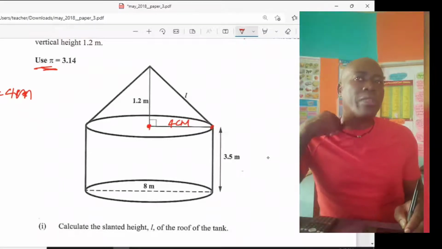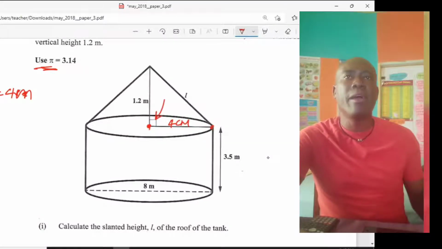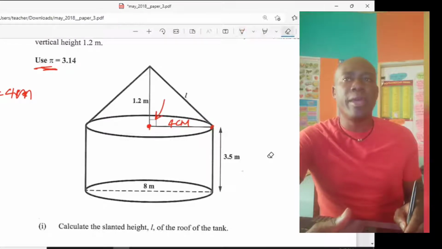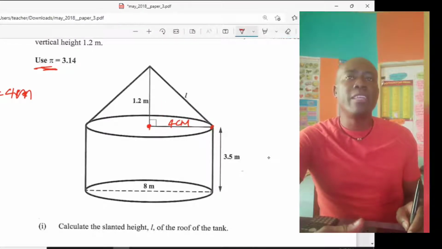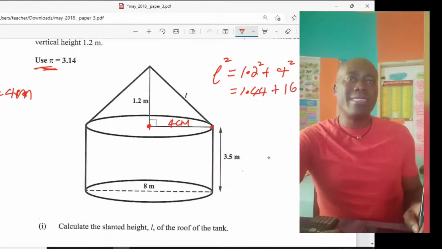If you notice though, the fact that we have a right angle here is telling us that we can use the Pythagoras theorem in an effort to find the slant height. So the slant height L squared is equal to 1.2 squared plus 4 squared. 1.2 squared is going to give us 1.44, plus 16.